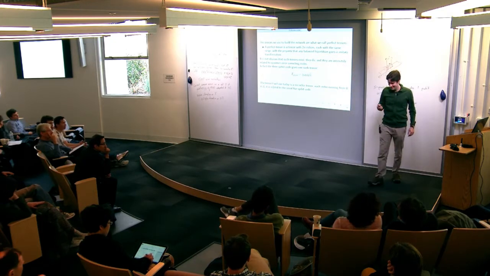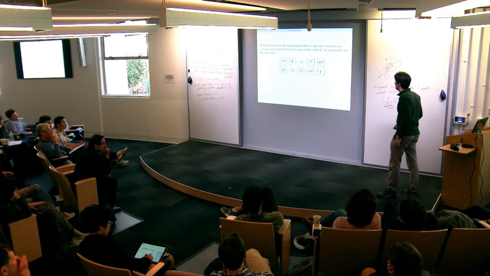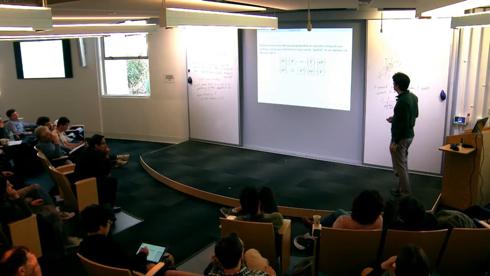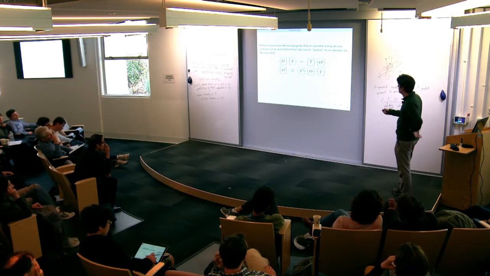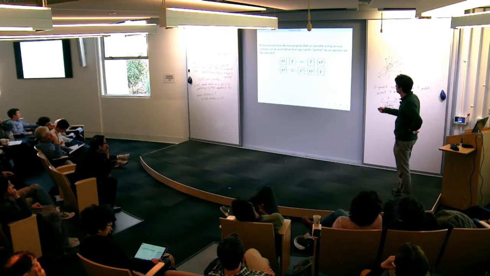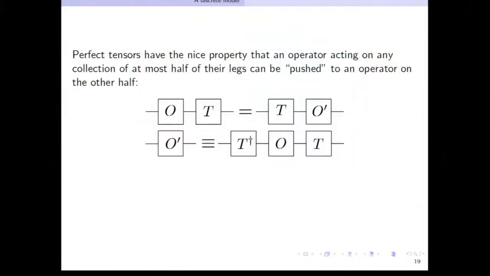Okay. All right. So now these perfect tensors, they have this nice property that, say I've got a perfect tensor here, so by this I mean half the indices. Say this is 3 indices and this is 3 indices, and I have some operator that I'm contracting with half of the indices. Then I can replace it by another operator contracted with the other 3 indices just by doing this simple thing.